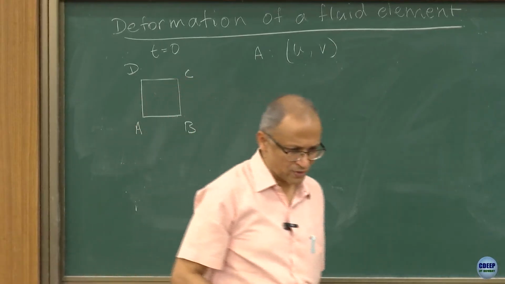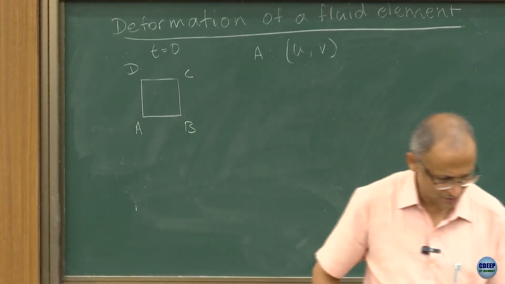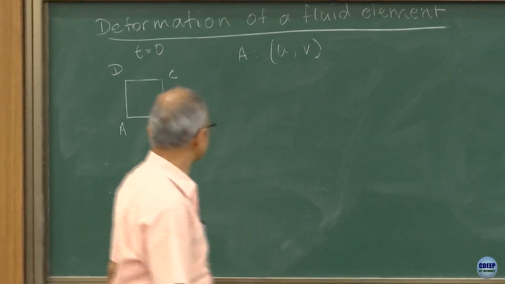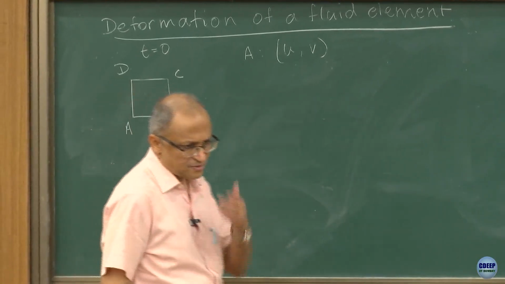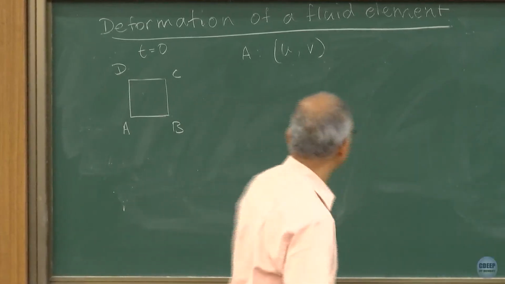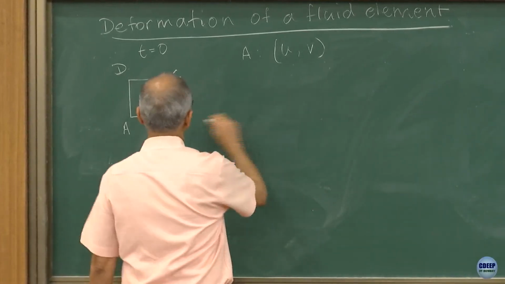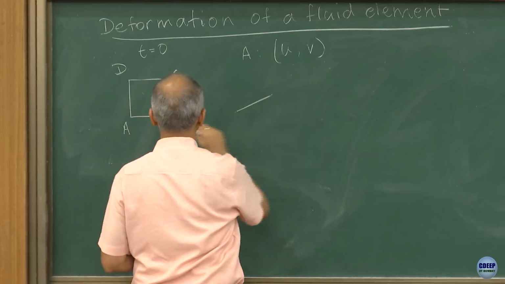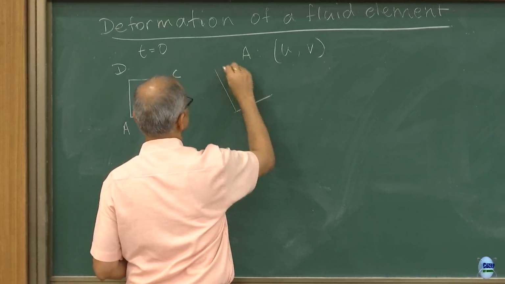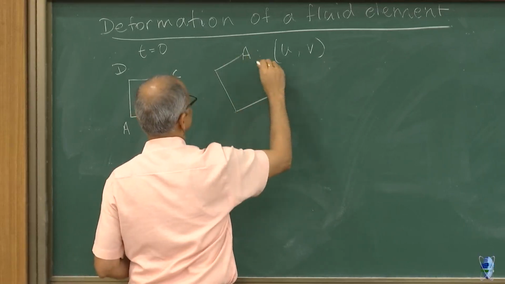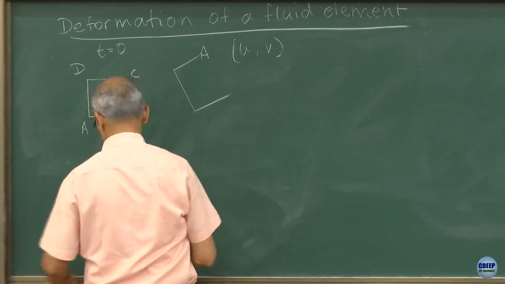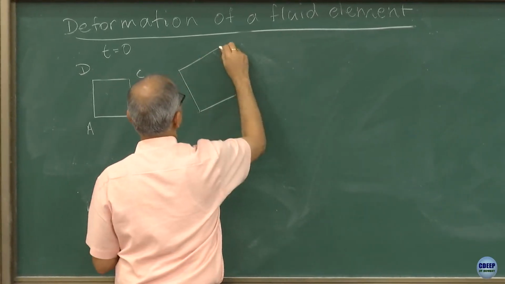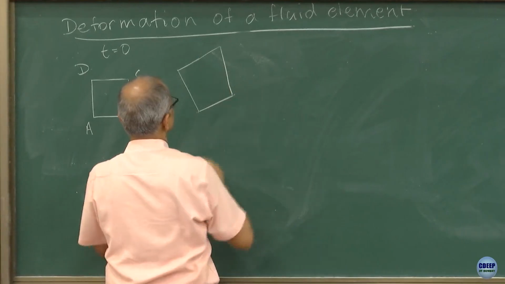I would like to know where these points will go after some time delta t. Of course, A will move somewhere here, B will move something like this, and so on.